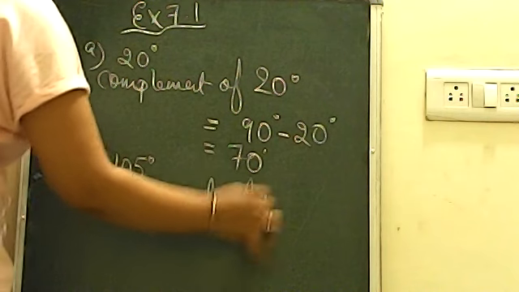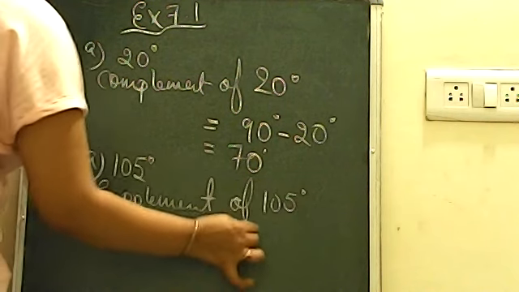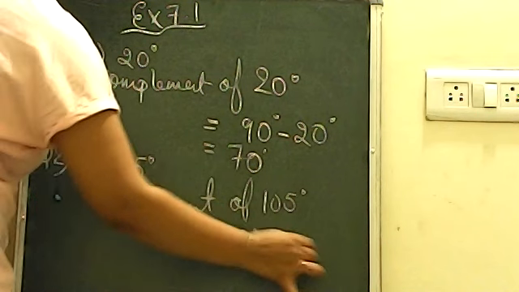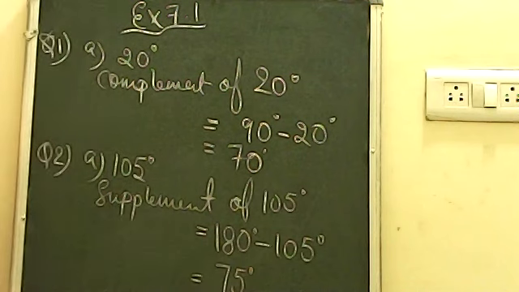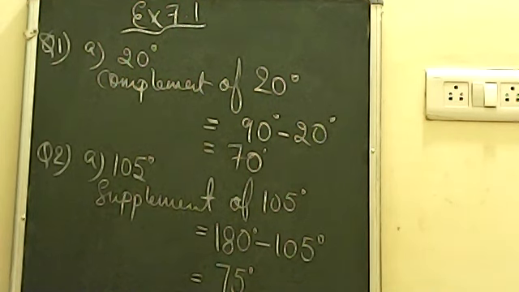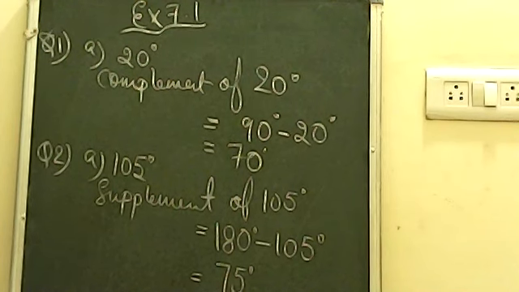Supplement of 105 degree will be 180 minus 105. Why are we doing so? Because 180 gives you the sum for supplementary angles. That is why we are subtracting from 180 degree. So this is question number 1 and 2. For complement, you have to subtract from 90 degree. For supplement, you have to subtract from 180 degree.